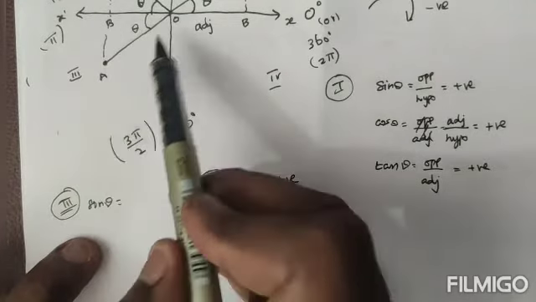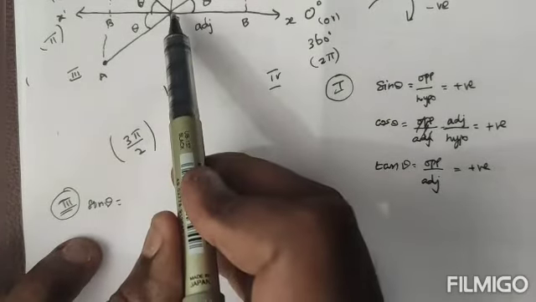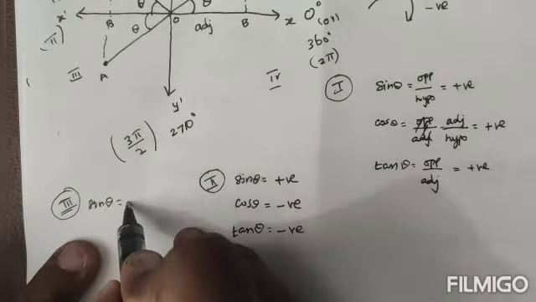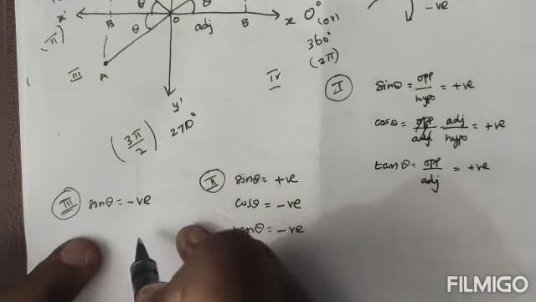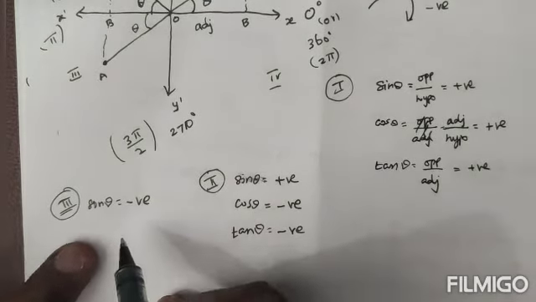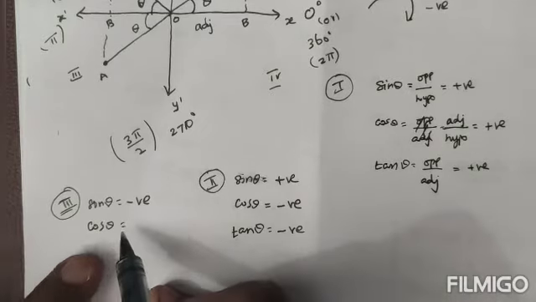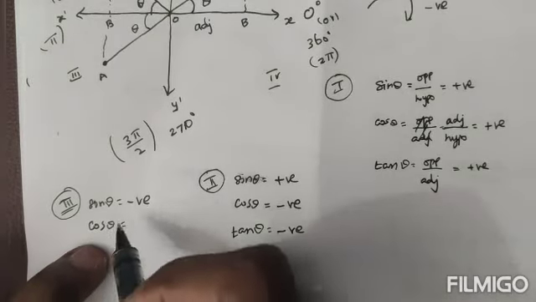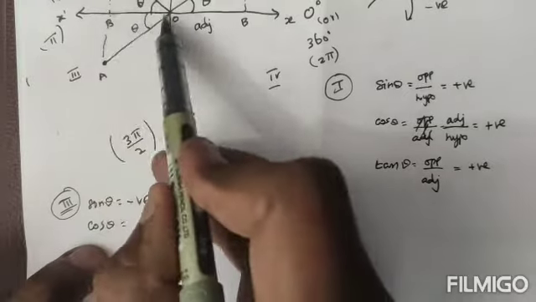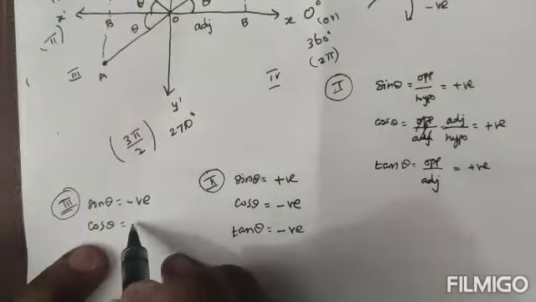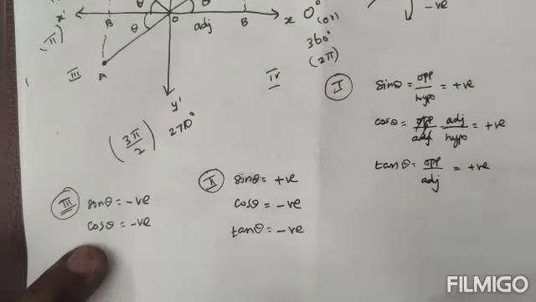Okay, and then hypotenuse, so one value is negative, so we can say the sin theta is negative, so cosecant theta also negative. Next, cos theta. Cos theta formula, you know, that is adjacent divided by hypotenuse. Adjacent is negative x-axis, so again this is negative.